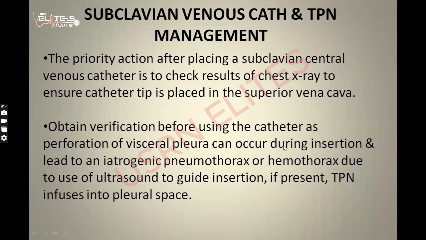So we have a lot of indications for TPN, like I was saying. We have inflammatory bowel disease, and all conditions that contraindicate us to put food via the gut. So think about intestinal obstructions and the rest.